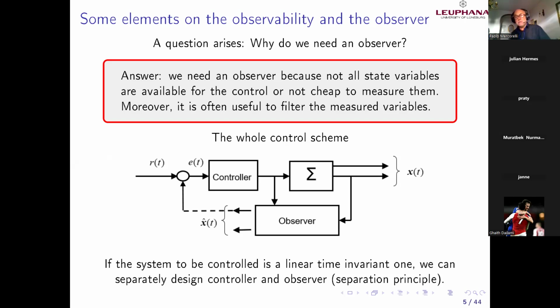The reason is sometimes some kind of sensor is too expensive, and sometimes the variable which we want to estimate represents something extremely abstract, which belongs just to the model. This will be made more precise during the semester with some examples. The idea is to build this observer, which is an algorithm, to estimate what I cannot measure, or don't want to measure, or which is too expensive to be measured.